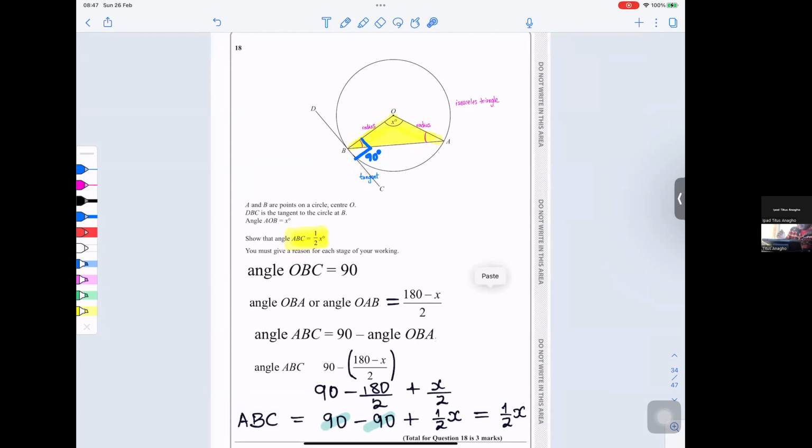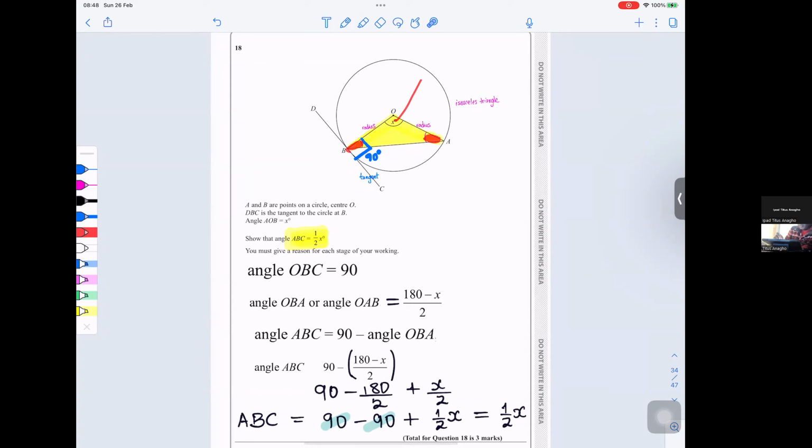Angle OBA is that little angle there which we need to find. And how do we get that? The triangle has three angles: x, OBA, and OAB.